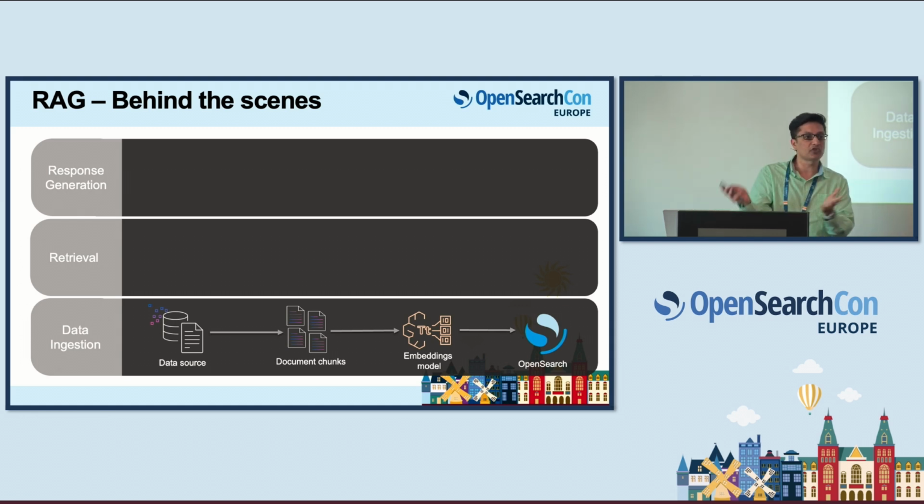Now, those chunks you can feed into a specific language model which knows how to convert those chunks into numbers. Because after all, semantic search is number-to-number comparison to find the meaning about the search rather than the text. And then finally, as Amar showed, you can ingest those vectors into OpenSearch using the choice of algorithm, choice of engine, and other configuration.